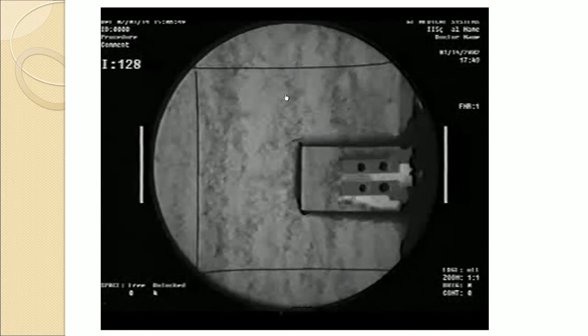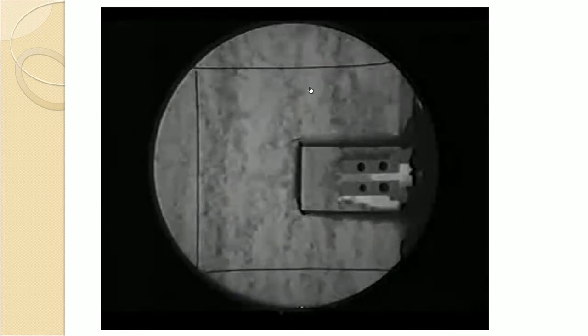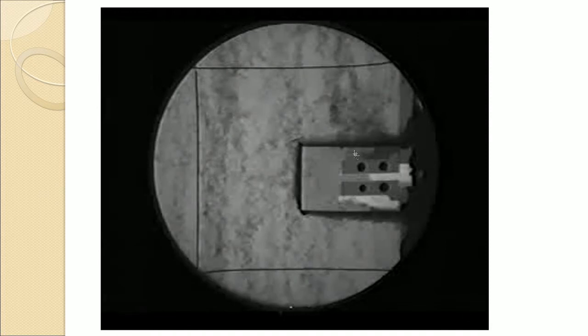Gas has not started yet, and once gas starts you will see the liquid will start moving, and now gas has started, you can see, and liquid is pushed away.